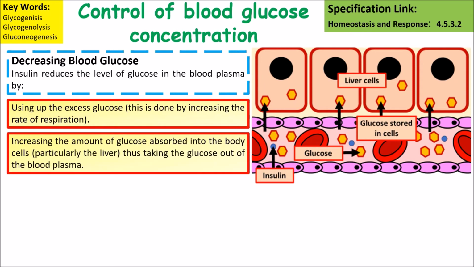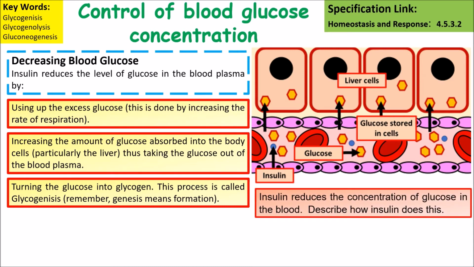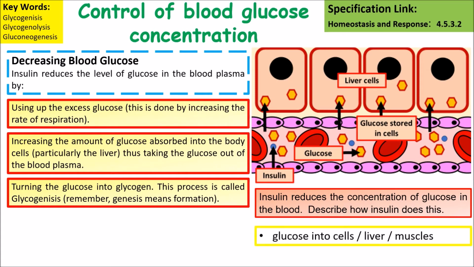So increasing the amount of glucose absorbed by the body cells and turning the glucose into glycogen are all ways that blood glucose can be lowered easily. So insulin reduces the concentration of glucose. Describe how insulin does this. Right, quite simply, insulin causes glucose to move into the liver cells or into muscle cells, where it's either used for respiration or it's stored.